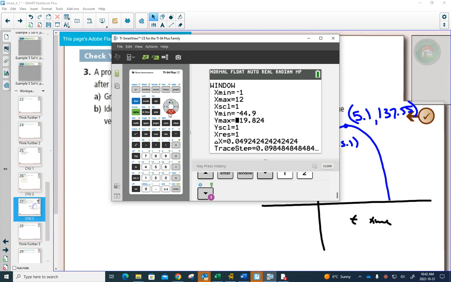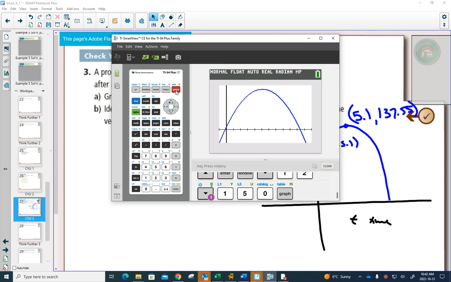And I know it went up to 137.5, so I'm going to go up to 150 for my y max. Now I get the shape of the parabola. Sometimes with your window on your graphing calculator, it's a lot of trial and error. You try something, don't like the window, try something else until you get a window that matches up.